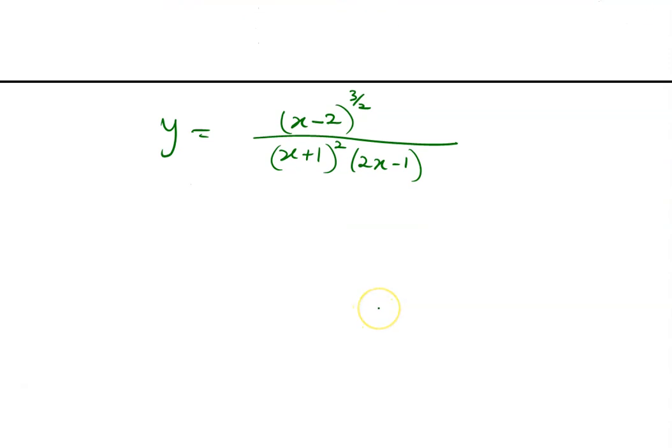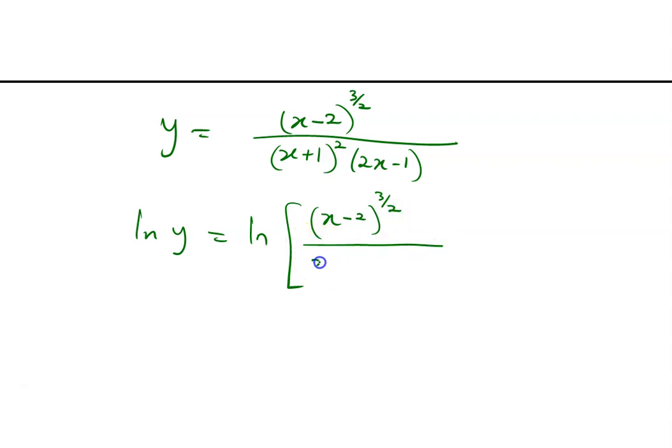So at this point, let's find the natural log of both sides. Then ln y equals ln of (x minus 2) to the power 3 over 2, all over (x plus 1) squared times (2x minus 1).